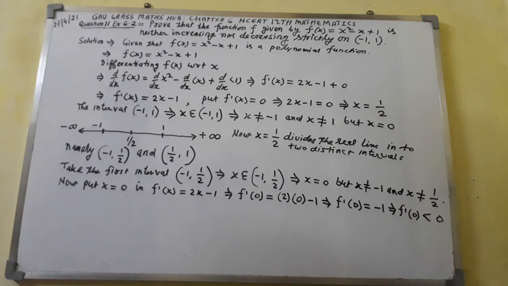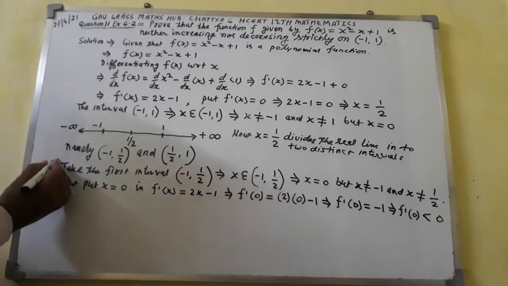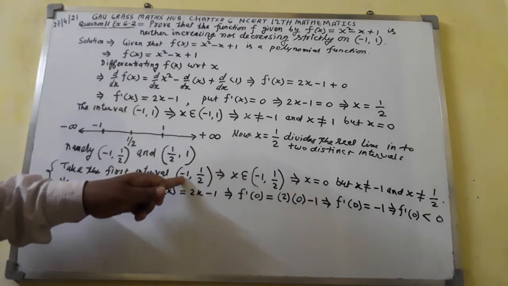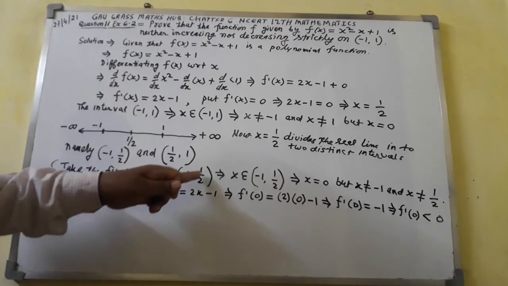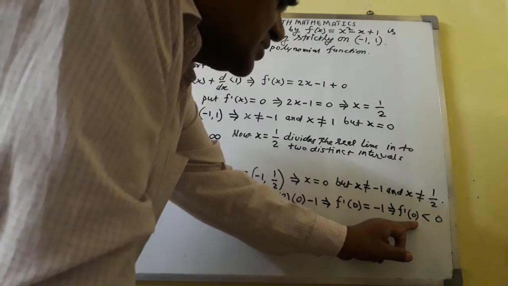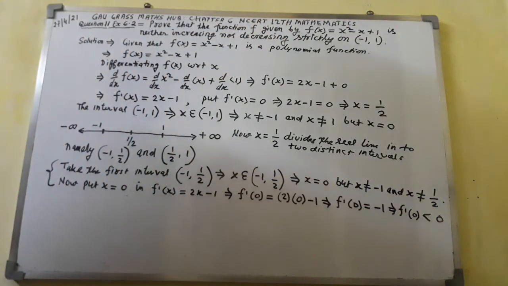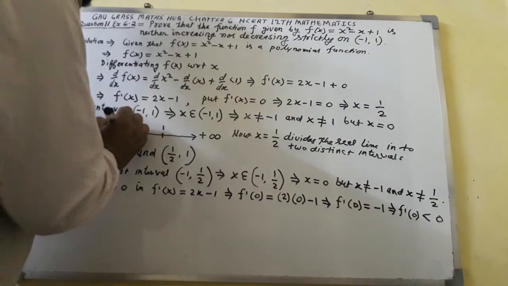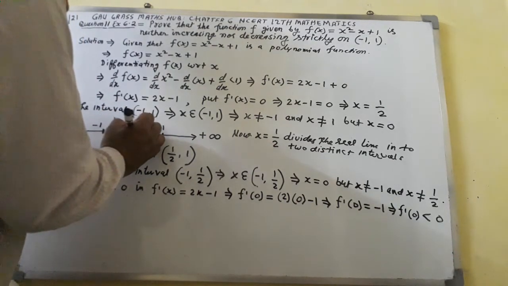In this case, again I shall write, in the open interval -1 comma 1 over 2, f dash x is less than 0. This means that f of x is strictly decreasing in this interval.